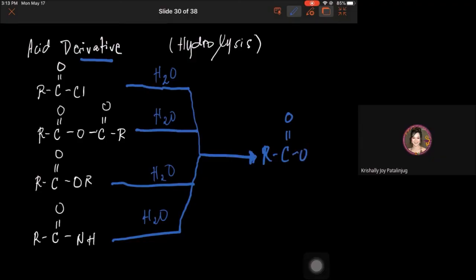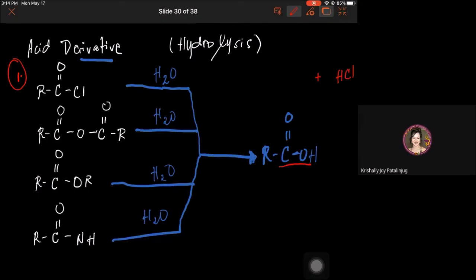Specifically with acid chloride, number one, reacting that with water will produce a major product, carboxylic acid, then a byproduct, HCl.